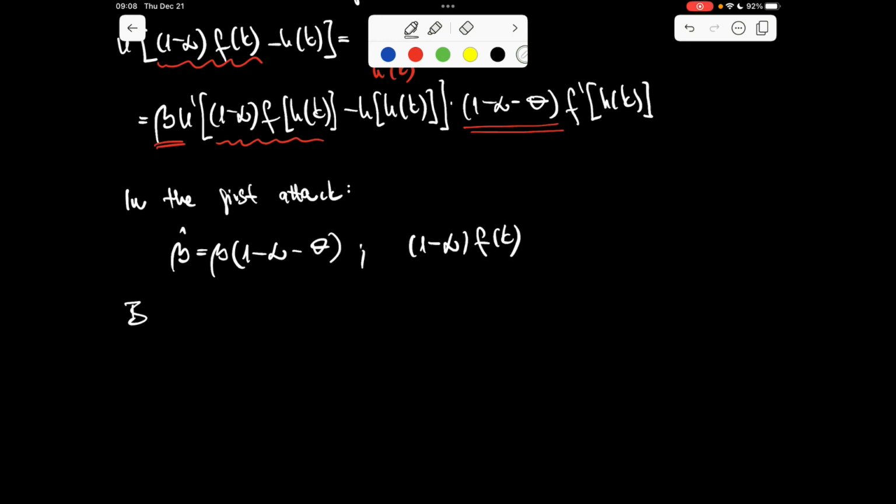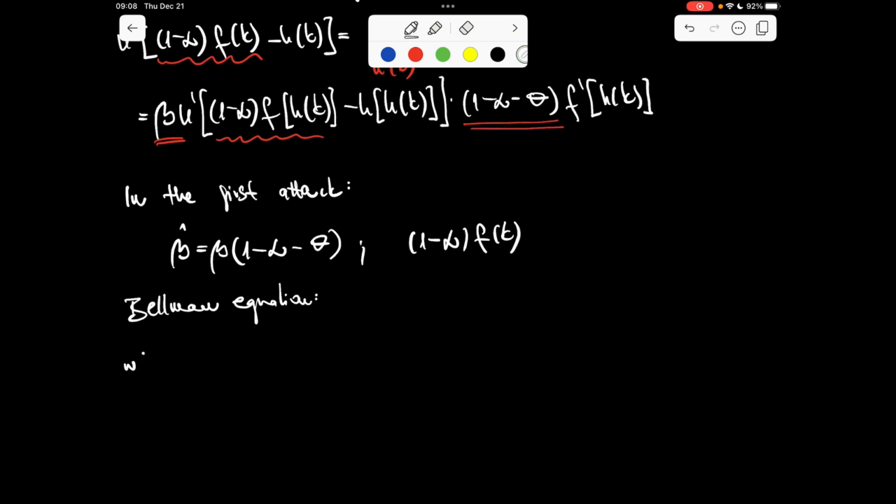The Bellman equation of this economy, the social planner of this economy. So we are just going along this path to see what we have.